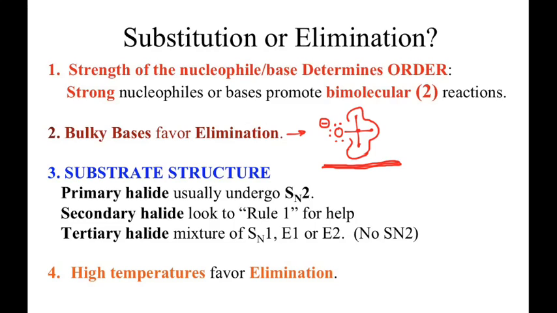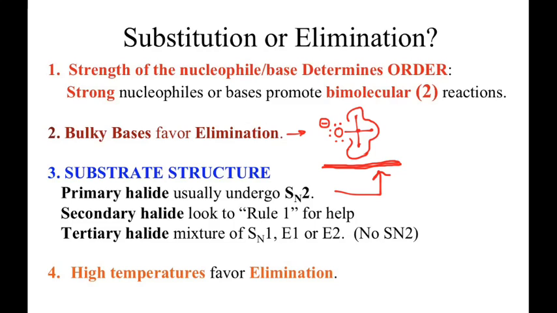An E2 needs a bulky base. So if you had a primary halide and you had the tert-butoxide, you might see the E2 elimination. Otherwise, primary halide, you assume the SN2 reaction, you're doing a substitution.